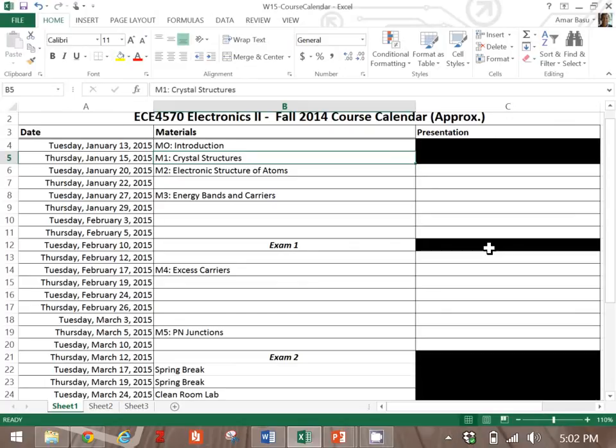Starting next week, we'll start talking about crystal structures and the electronic structure of atoms. So the first part of the class is we're going to take this approach where we say these are the atomic structures of a material, and then these are the electronic properties of the material.